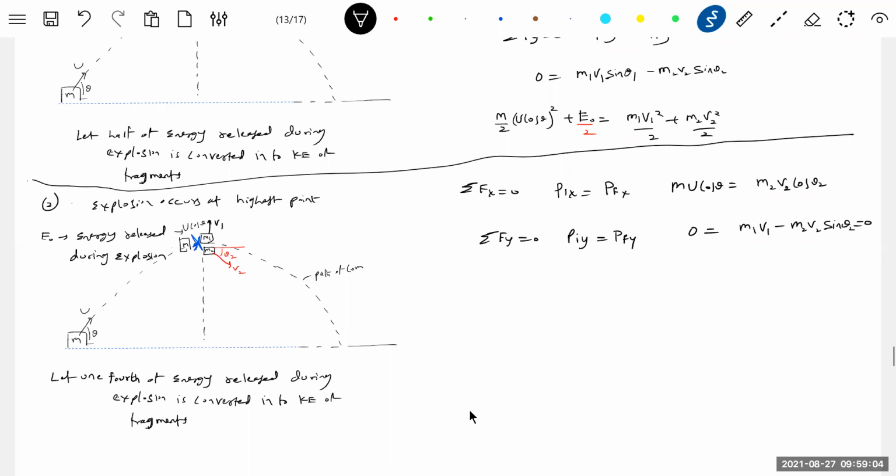Okay, then what is the... It's telling 1/4 of the energy. You should write it in this way.